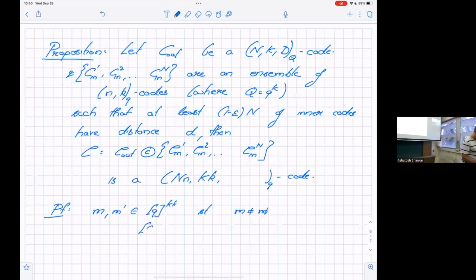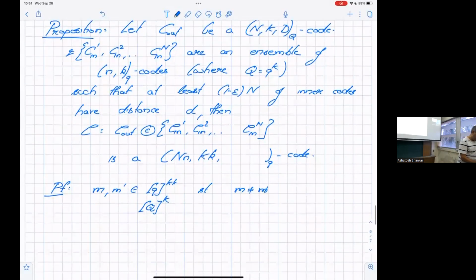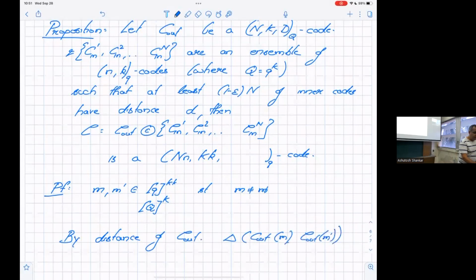Q to the capital K, or it can also be written as Q to the capital T. So what do we know? We know by the distance of C out, delta of C out M, C out M prime is at least capital D. That's what we have.